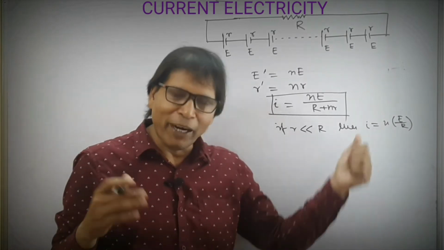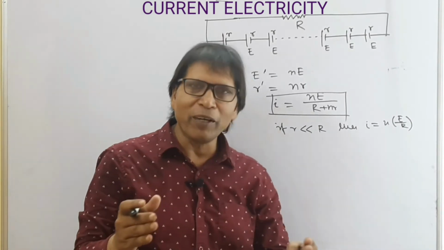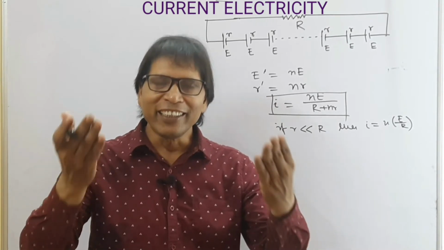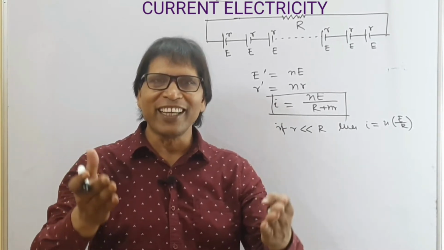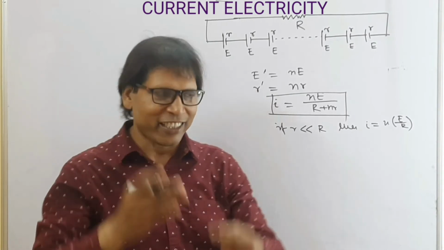So this is advantageous when internal resistance is negligible in comparison to external resistance, then series combinations of the cells are advantageous.